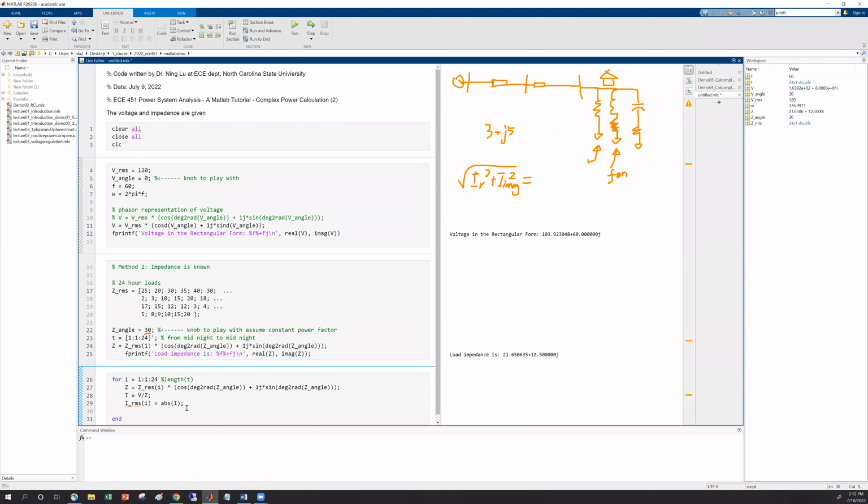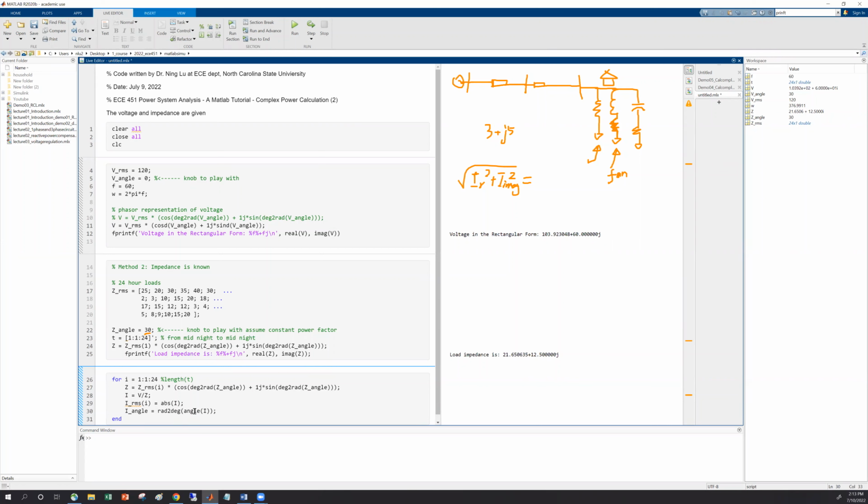And then I'm going to say I angle equals rad2deg of angle(I). So angle is a function. If I is a complex number, then using angle(I) will return an angle for this complex number.